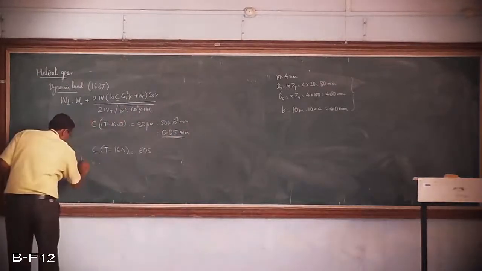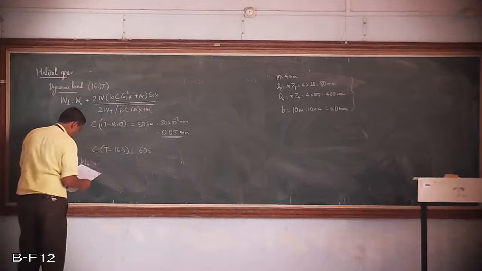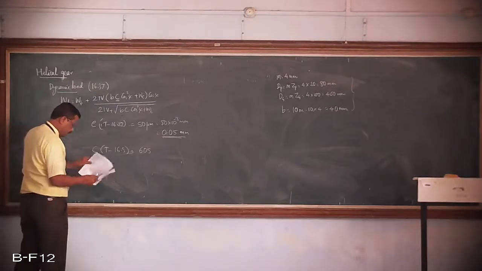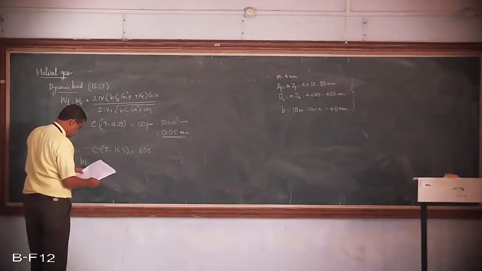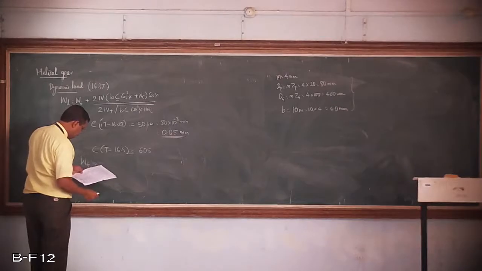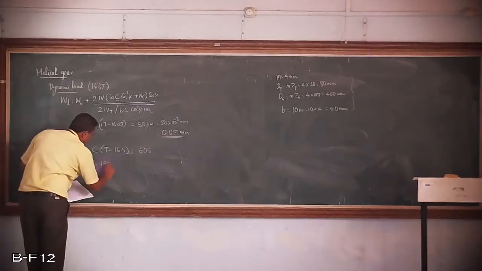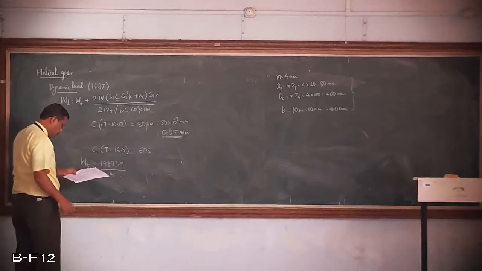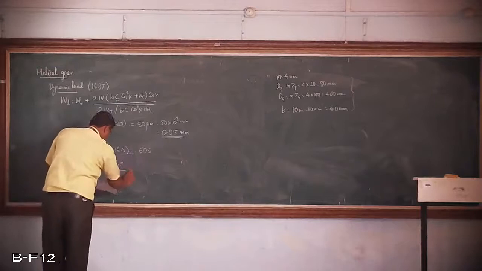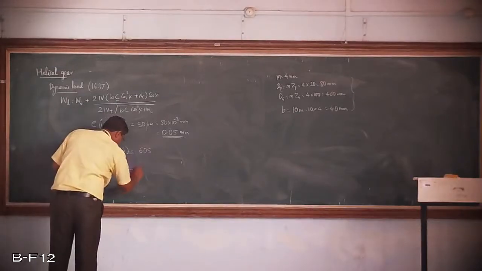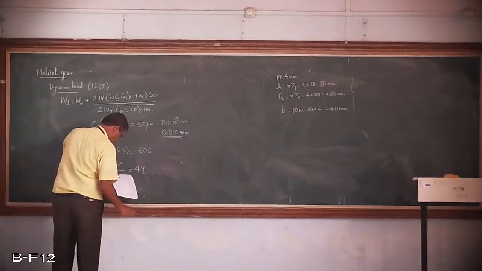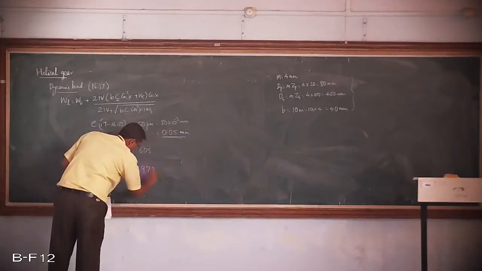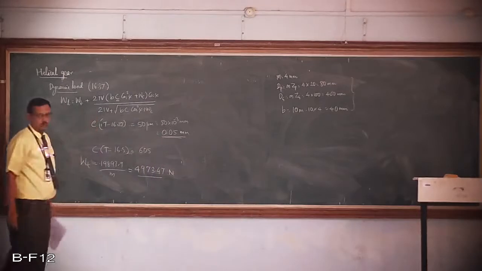We know the tangential load WT is 19,893.9 divided by m, where m is equal to 4 millimeters. Therefore, if you substitute m equal to 4, you get this value as 4973.47 Newton. This is the value of the tangential load that is going to come.